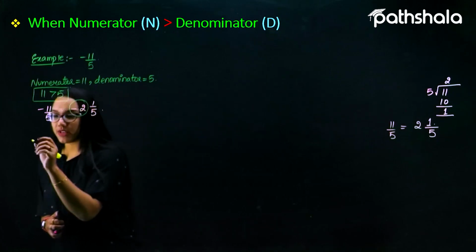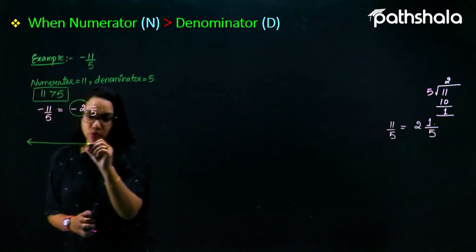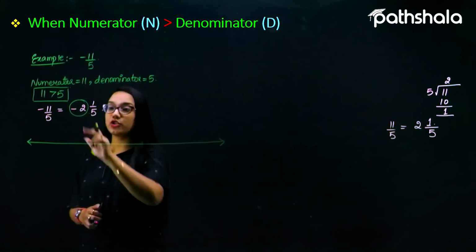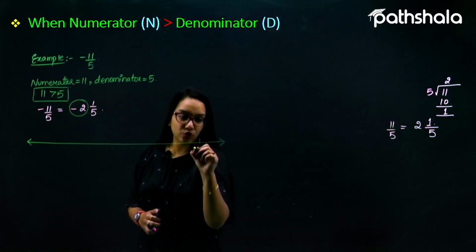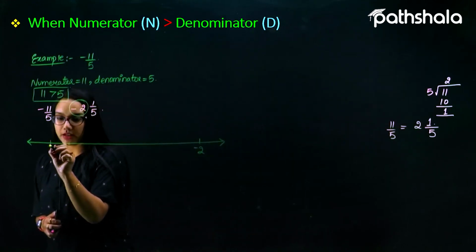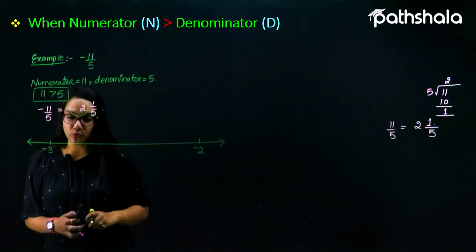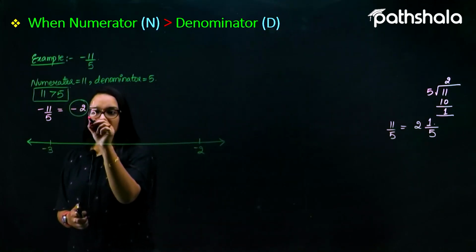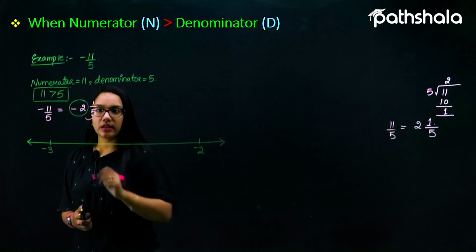So let us suppose I'm plotting it. We'll plot minus 2 first, and the coming integer, which is minus 3, because after minus 2 the coming integer is minus 3. Now we have to see this particular fraction, which is 1 by 5.